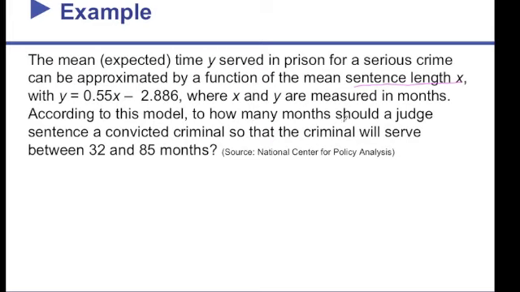According to this model, how many months should a judge sentence a convicted criminal so that the criminal will serve between 32 and 85 months? Well, we want the time served to be between 32 and 85 months.